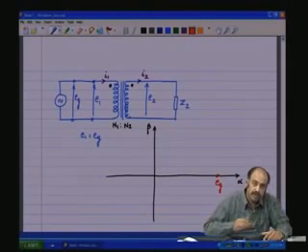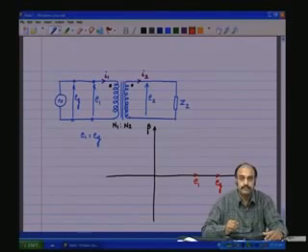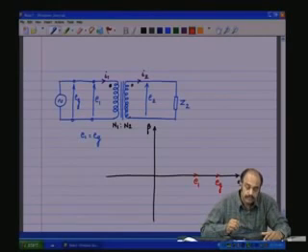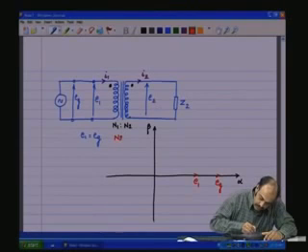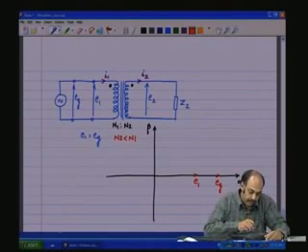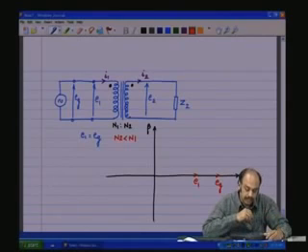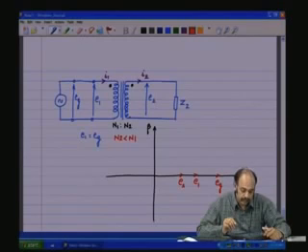Now, as EG and E1 are one and the same, this also means that we have E1 in phase with EG. Now by the dot polarities, let us say for the moment N2 is less than N1, which means it's a step down. E2 is less than E1. From the dot polarities, E2 and E1 are in phase, exactly, they follow each other, which means E2 is in phase with E1.